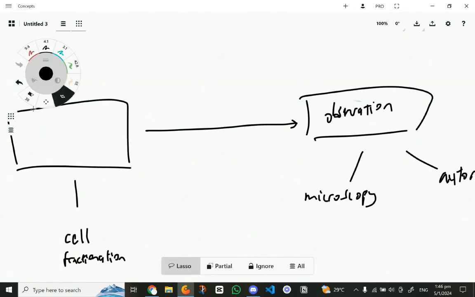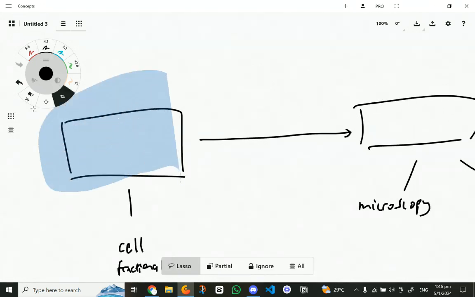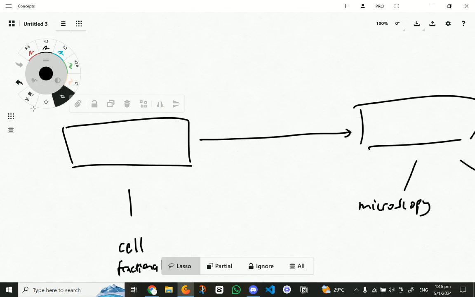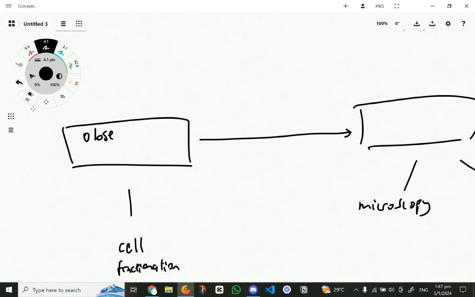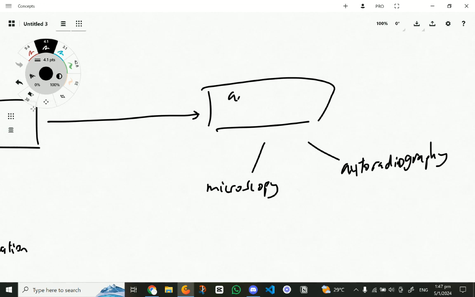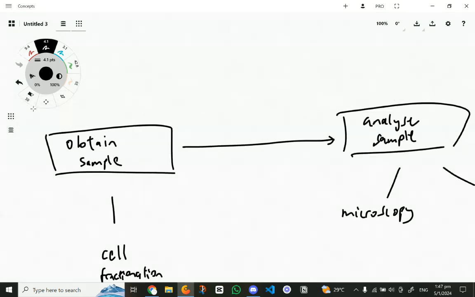So the idea being to obtain sample and then, you know what, I could just put obtain sample and then analyze sample.